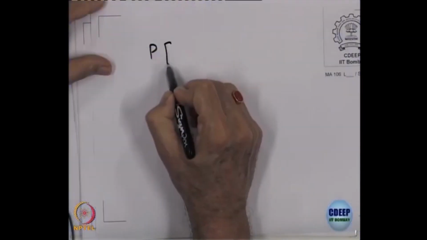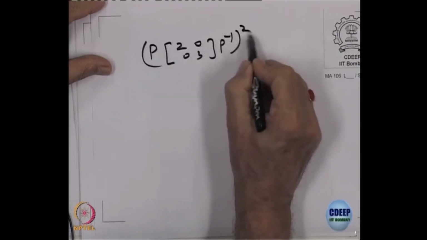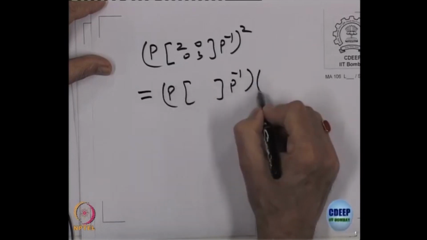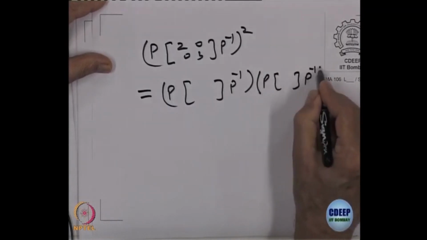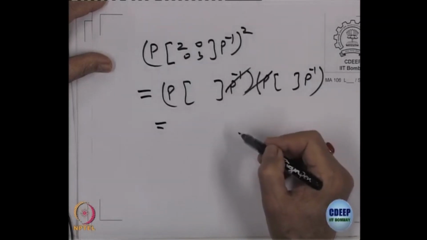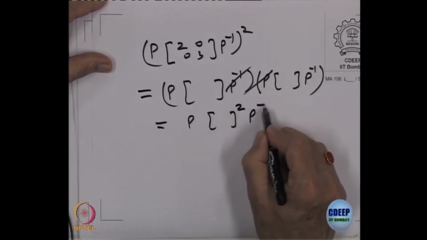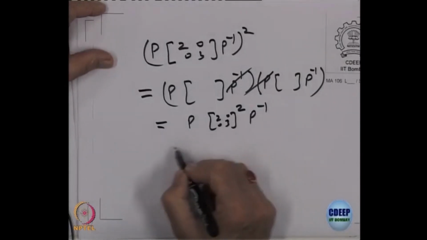Let us compute it for the square first, and then you will see what is happening. Let us look at P, 2, 0, 0, 3, P inverse, squared. That is P, this matrix, P inverse multiplied by itself, which gives P times the square of 2, 0, 0, 3, P inverse.